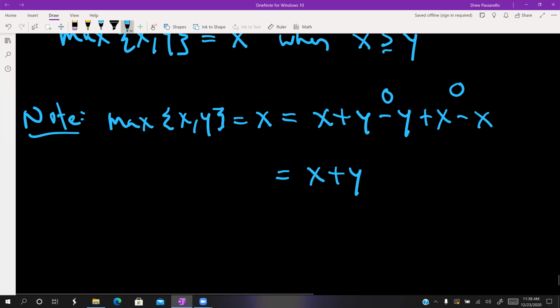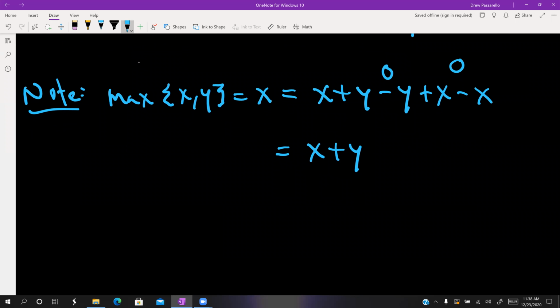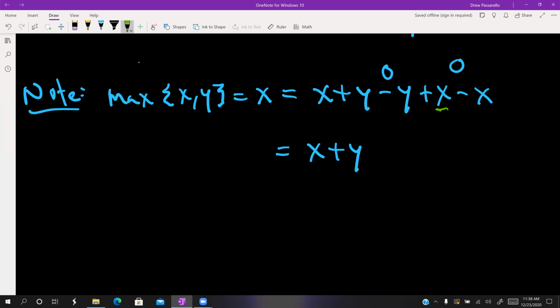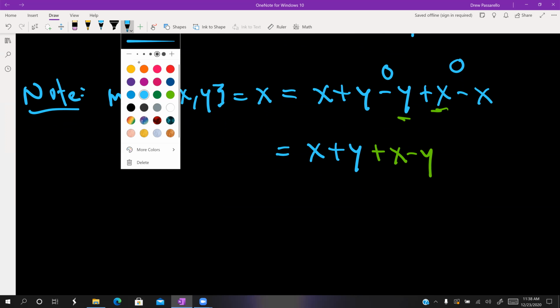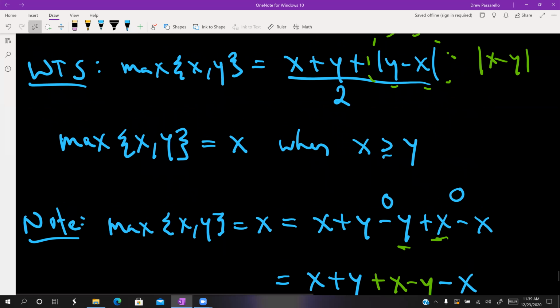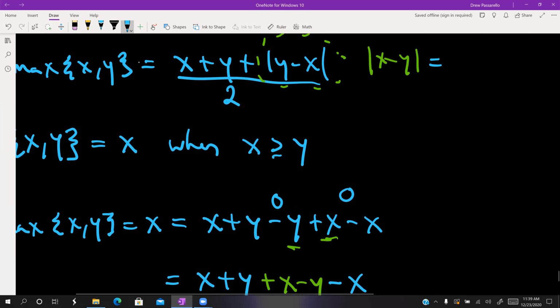I can have that because here I have x plus y, and then I can take one of these x's, so I can do x minus y, so it'd be plus x minus y, and then I have minus x. Well, the absolute value of x minus y is equal to x minus y, since we're assuming x is greater than or equal to y.